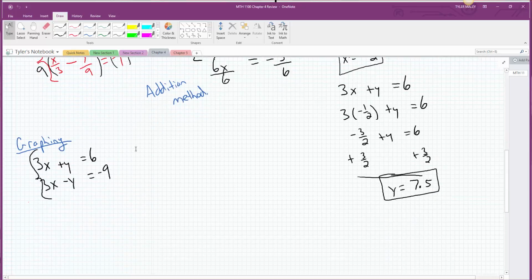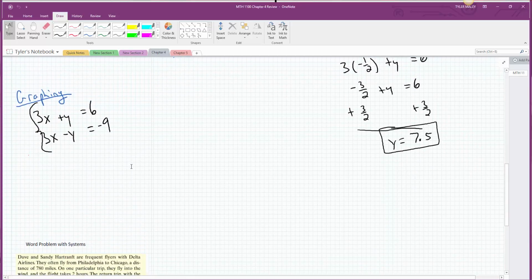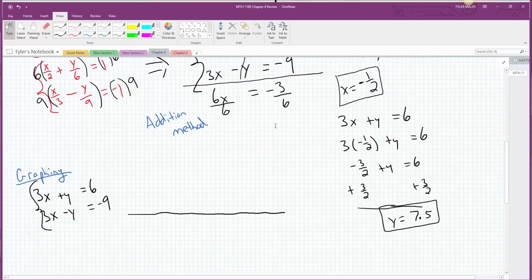To solve this by graphing, we'll need to graph each line. Especially since we know the solution already, I know I need to go up by halves each time.